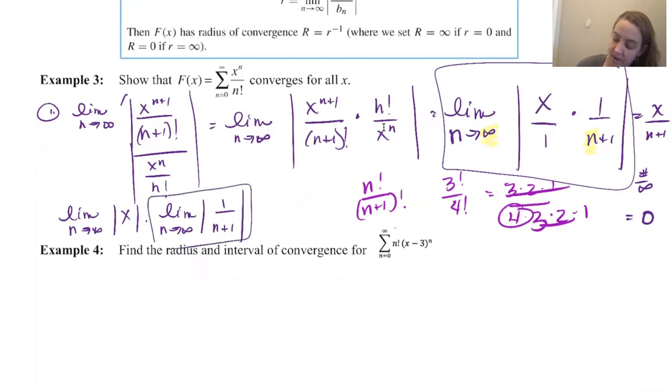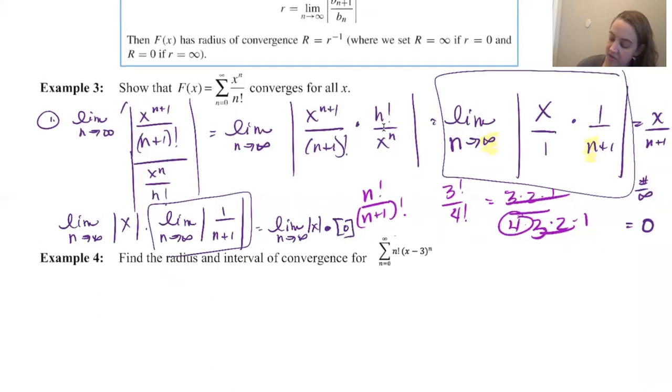This piece on the right becomes 0. So this is the limit as n approaches infinity of x times 0. But there's no place to put that infinity because it's just an x. So this is x times 0, which is 0.